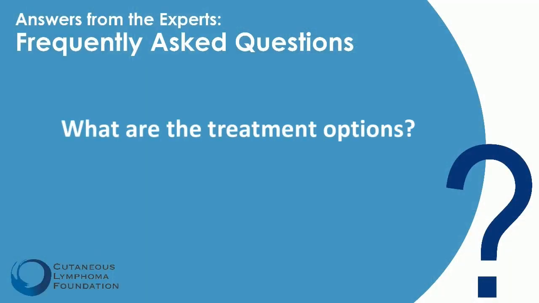What are the treatment options for Pagetoid reticulosis? If you get diagnosed with Pagetoid reticulosis, and this is your first visit with a CTCL doctor, they're going to start their initial workup with a complete history and physical review of systems and blood work to ensure that there are no other areas of involvement.